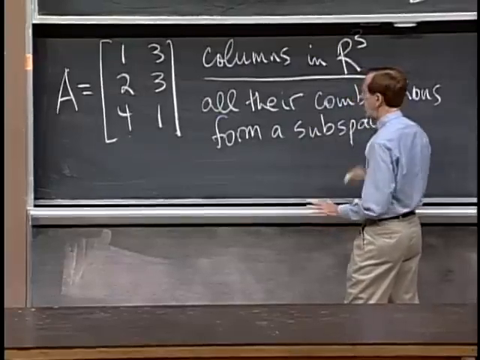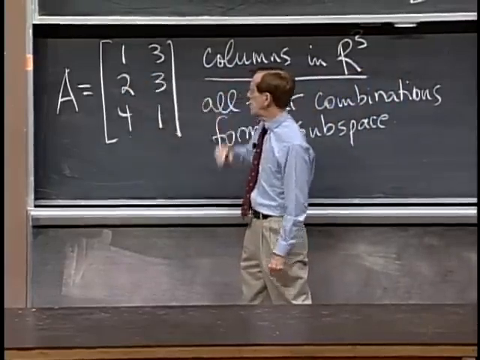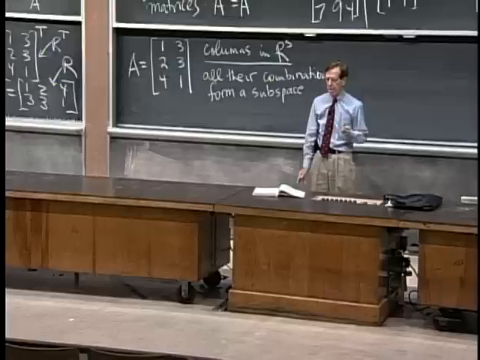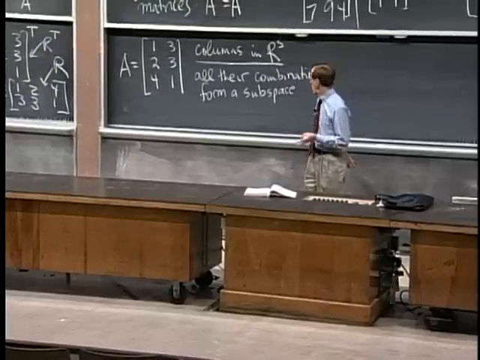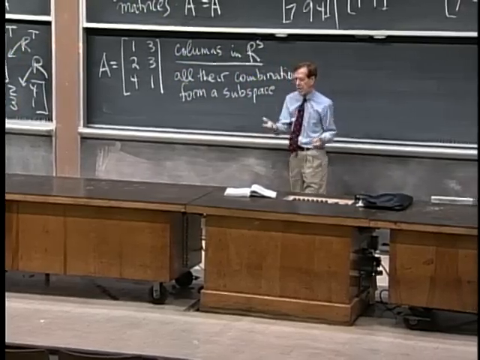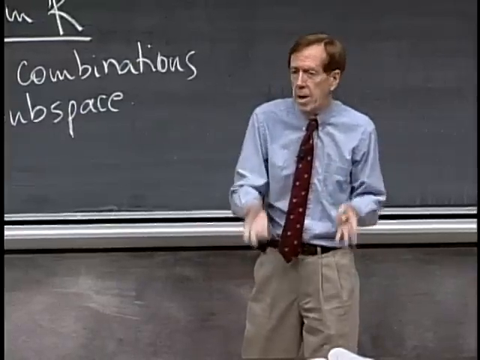What do I mean by linear combinations? I mean multiply that by something, and add. The two operations of linear algebra, multiplying by numbers and adding vectors. And if I include all the results, then I'm guaranteed to have a subspace. I've done the job.